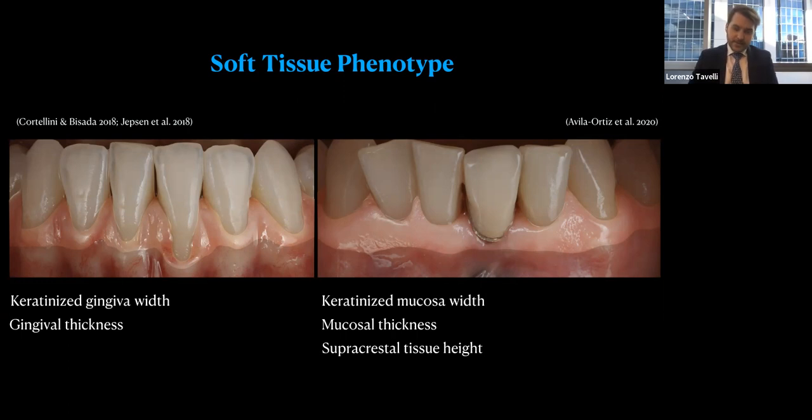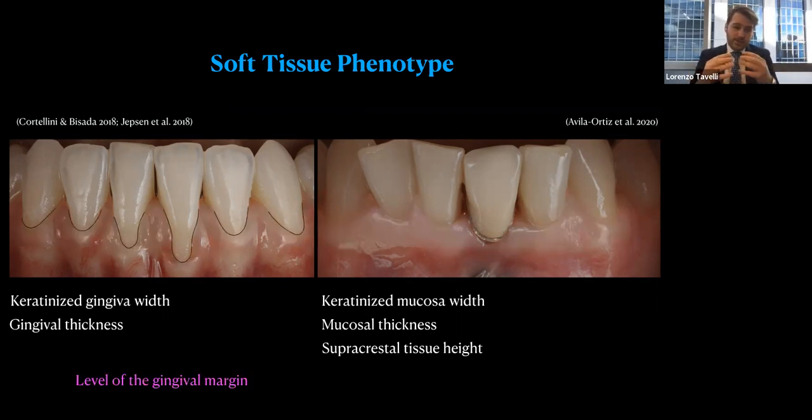The difference is that for dental implants we can recognize not just the horizontal thickness of the mucosa, but also the vertical thickness of the mucosa, which is called supracrestal tissue height, the dimension going from the bone to the soft tissue margin, and this can be measured 360 degrees around the dental implant.